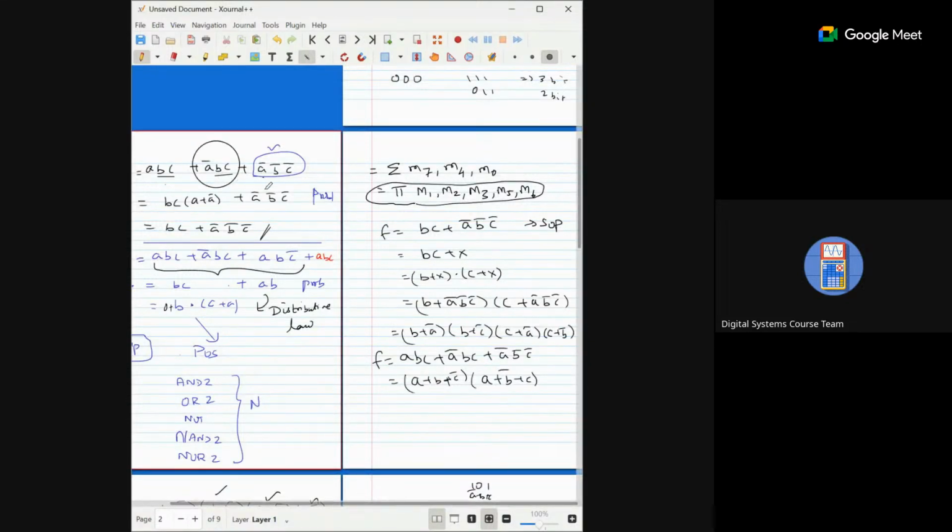This is a mistake. Do you understand where the mistake is? Min term 3 is taken in this case, but I thought it was M4. What will M4 be? Small M4 will be like this only, right? Yes, sir. So this expression is not the right expression.